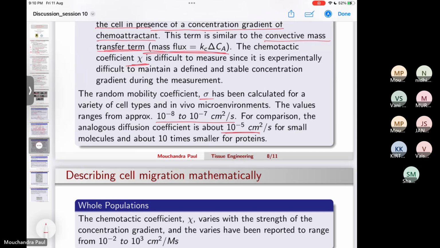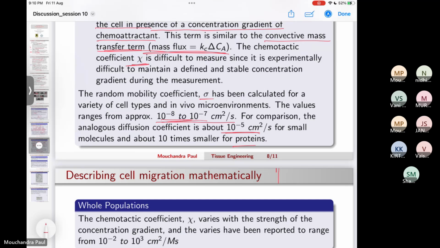So the diffusivity of the cell is very, very less in comparison to small molecules. And when you compare it with proteins, this value is again 10 times smaller in comparison to the diffusion coefficients of proteins.